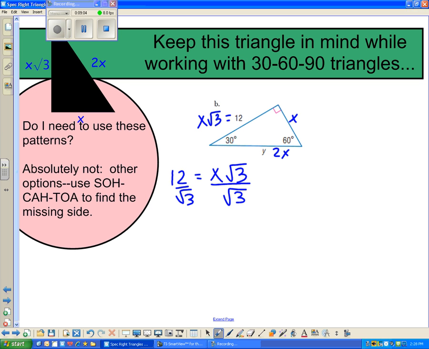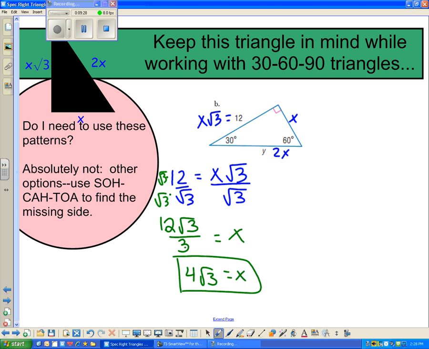and 12 divided by the square root of 3, I can't leave like that. So I'm going to multiply by the square root of 3 to get that radical out of the denominator. I have 12 root 3 over 3 is equal to x, and then 12 divided by 3 is 4, so 4 root 3 is equal to x.